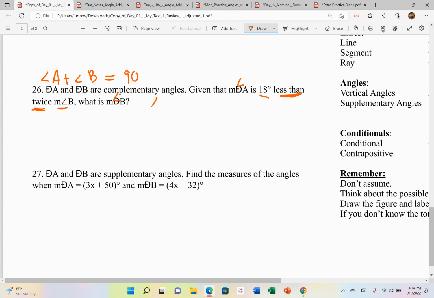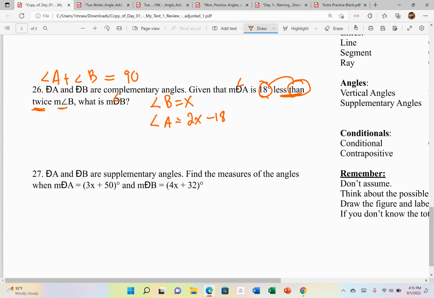So we're going to go ahead and say that angle B equals x because that's my unknown, right? Okay. Therefore, angle A is 18 degrees less than. What's that then do? It flips it. Okay, less than twice the measure of angle B. So that's going to be 2x minus 18, right? Because it takes that minus 18, takes it to the back.